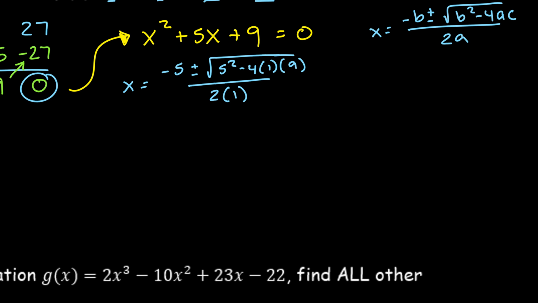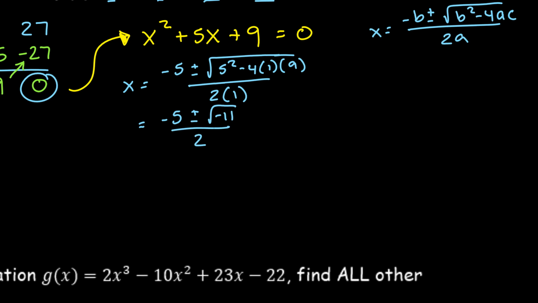Right. You are solving underneath your square root. You're solving for the discriminant, actually it's called. So 5 squared is 25 minus 4 times 1 times 9 is 36. So what is 25 minus 36? -11.